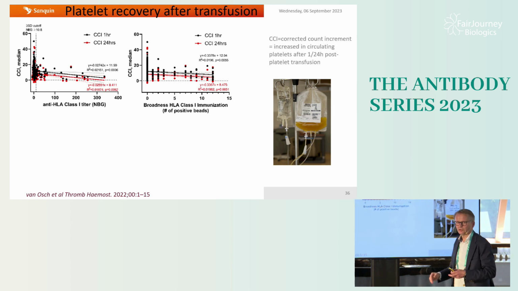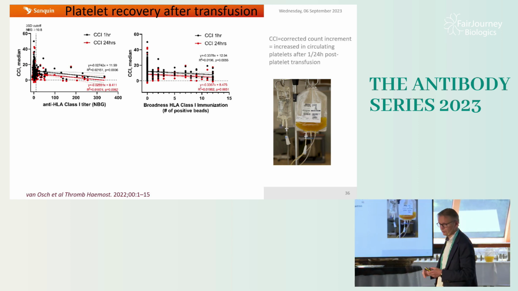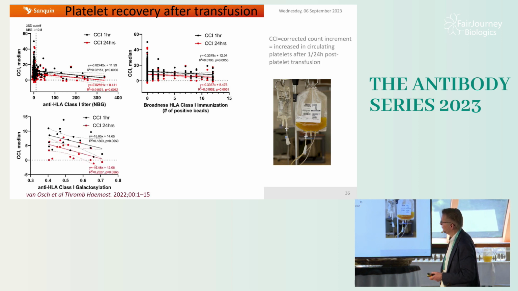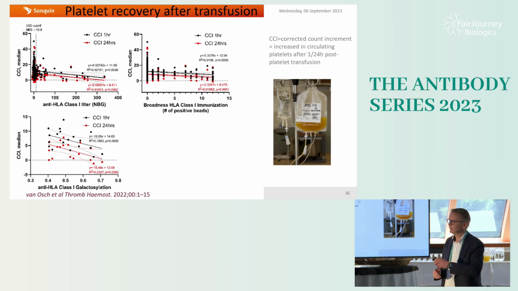It's also not the polyclonality that is indicative of how often this happens, though that is also important. But if you look at the level of galactosylation of those antibodies in these patients, you see a nice correlation: the higher the galactosylation content of your antibodies, the fewer platelets you actually find back.